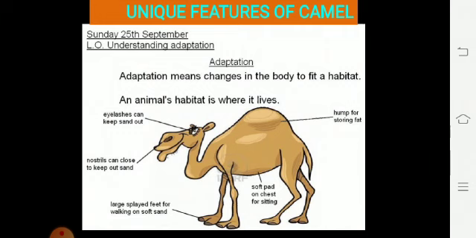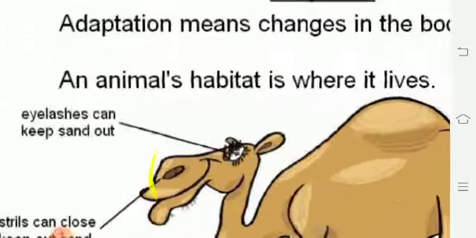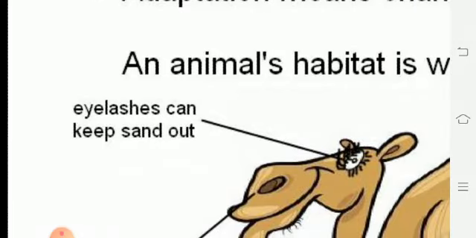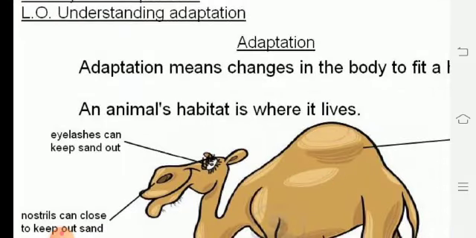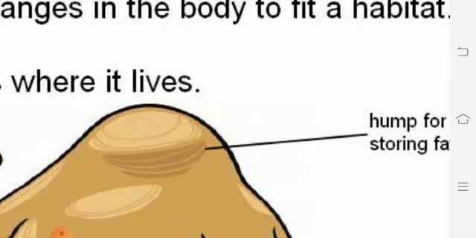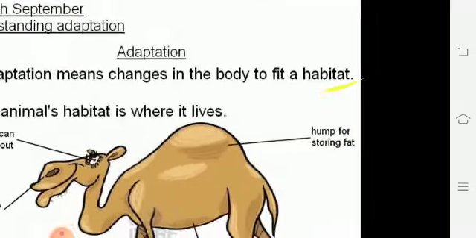Desert winds blow sand all around, so a camel has long eyelashes, and eyelashes can keep sand out. The long eyelashes keep sand out of the camel's eyes, and thick eyebrows shield the eyes from the desert sun. These eyebrows protect the camel's eyes from direct sunlight. And here you can see there is a hump where the camel can store fat from the food.